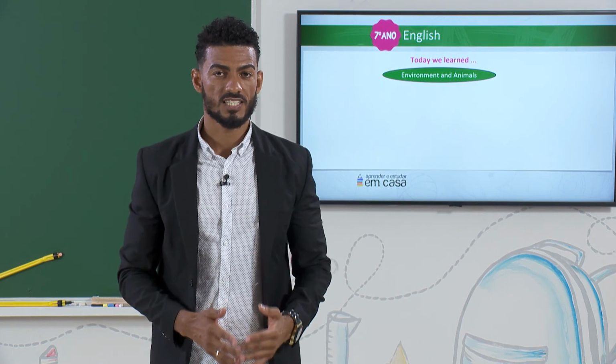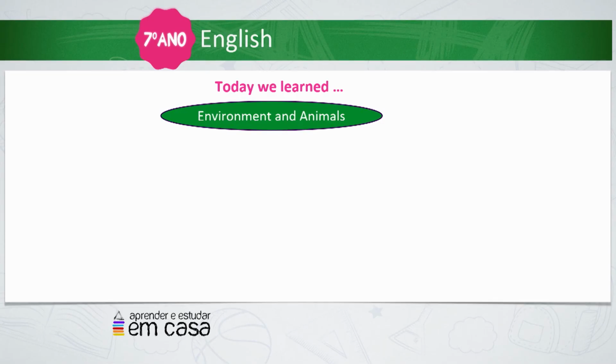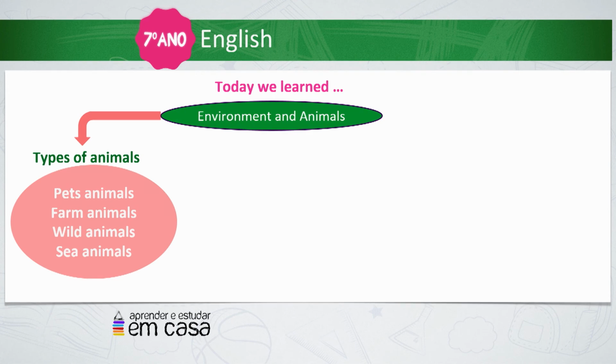Today we learned about environment and animals. We revised some types of animals, which are pet animals, farm animals, wild animals, and sea animals. Also, we talked about some endangered species.